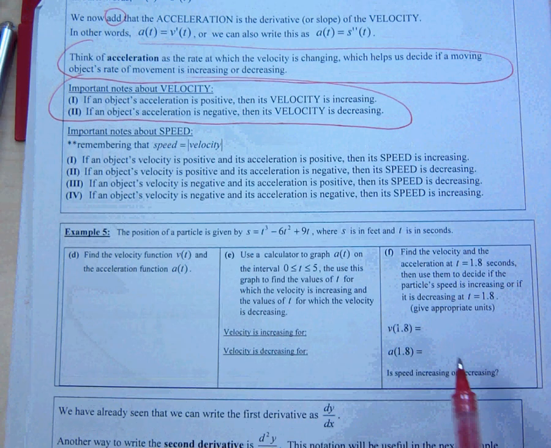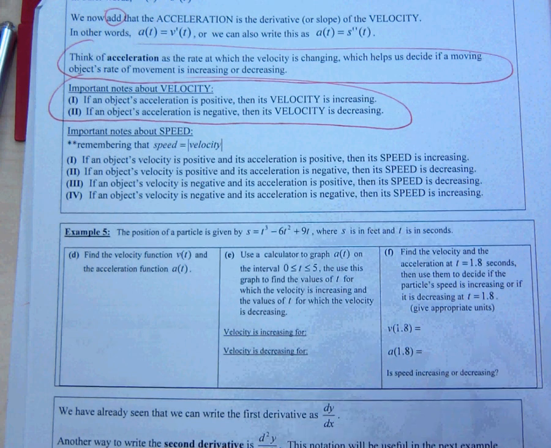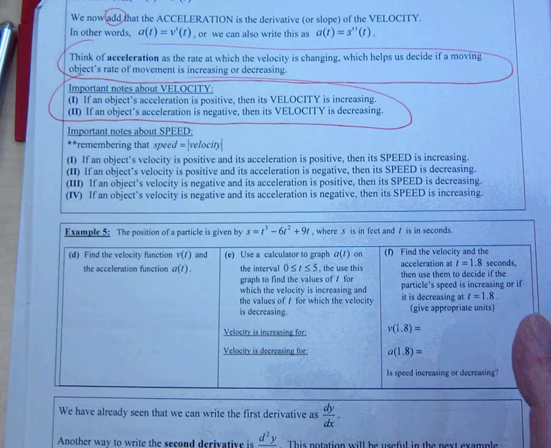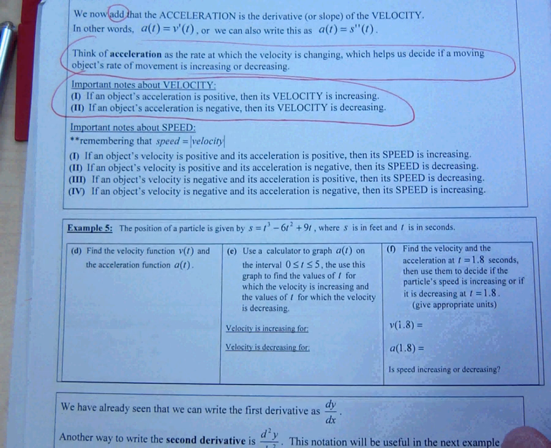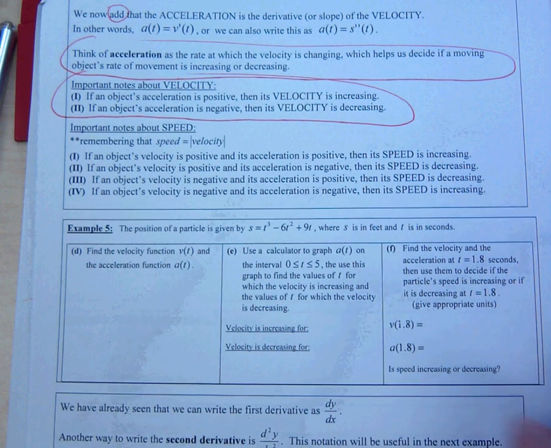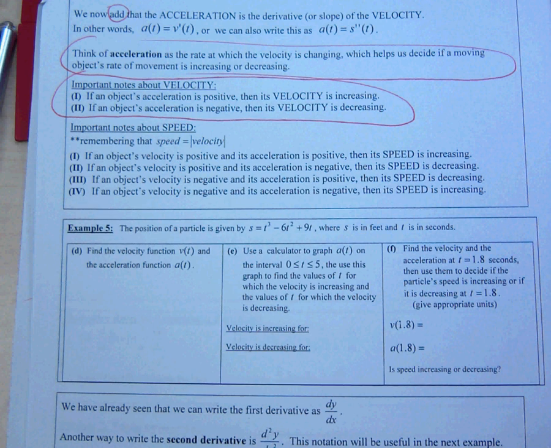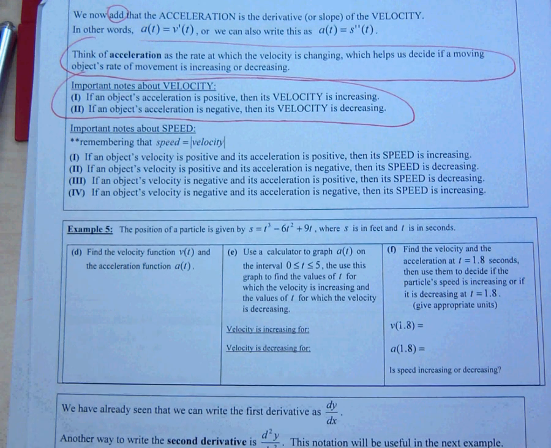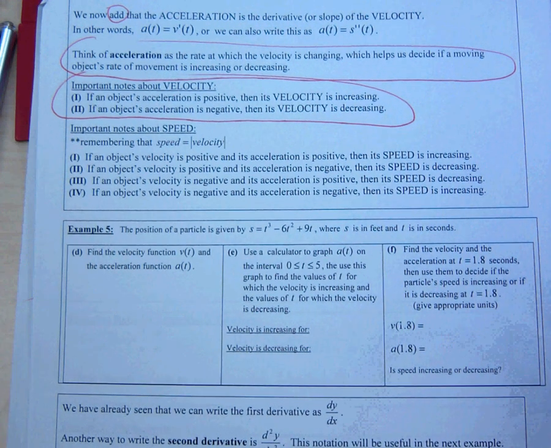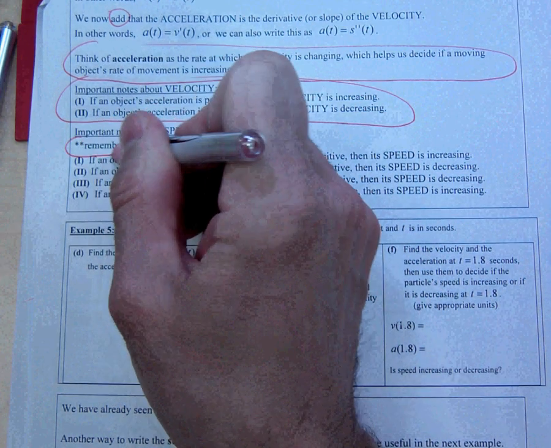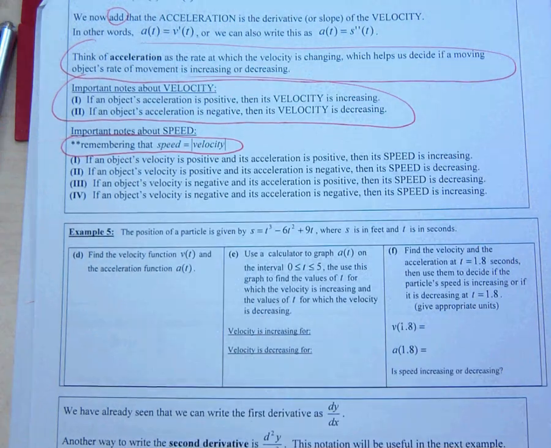Okay, so with that in mind, we're going to now add to this. Now this is going to be very tricky, and I'm going to try to explain it in a way where hopefully it'll make sense instead of trying to just memorize all this, because that'd be a lot to memorize without understanding it. So, remembering the fact that the speed is the absolute value of velocity, we can now say the following four things.